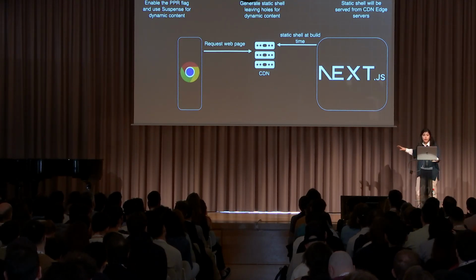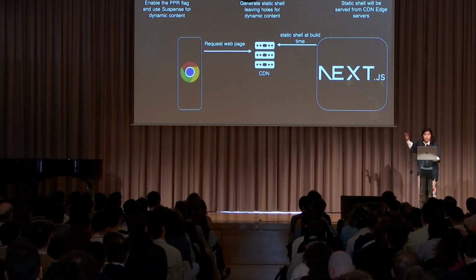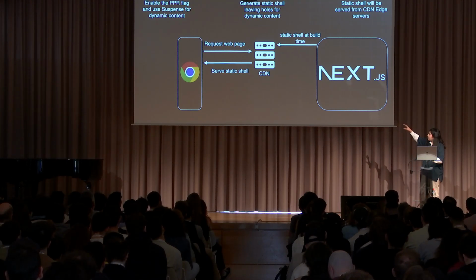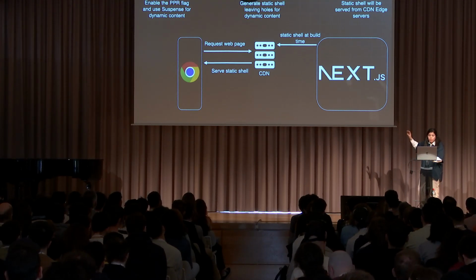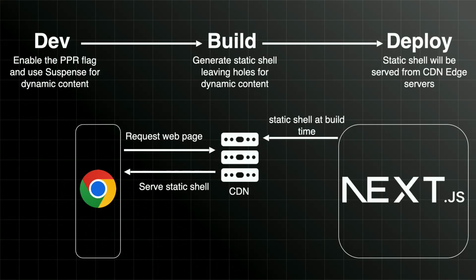Now, when the client requests a page, they will be served the static shell directly from the CDN. This page will contain already built markup and placeholders for the dynamic content, along with references for CSS and JavaScript.